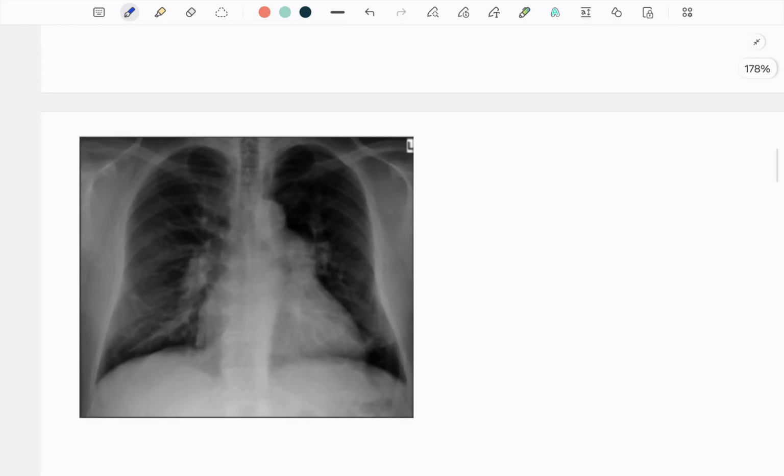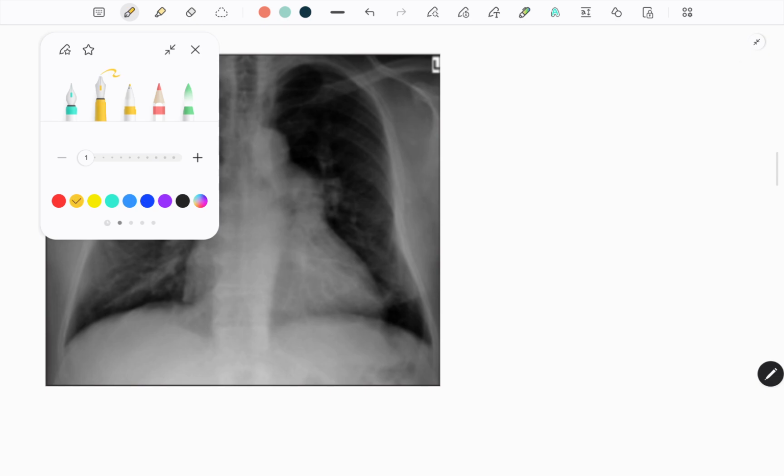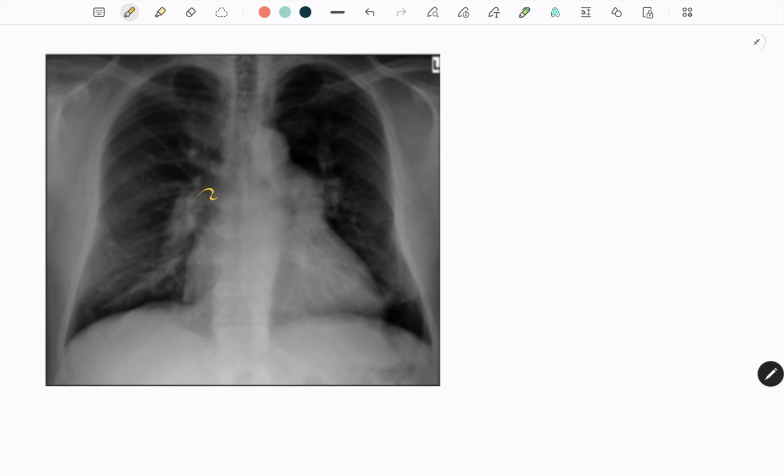This is the X-ray. As we can see, this is the left lower lobe. This is the right lower lobe pulmonary artery. This is the upper lobe pulmonary vessel. This is the left lower lobe pulmonary artery.